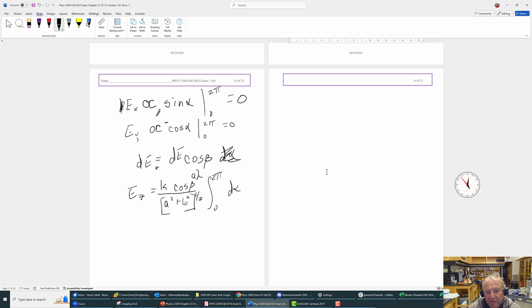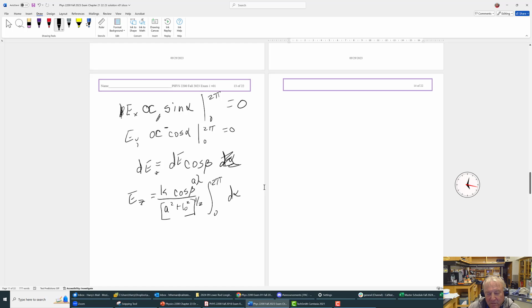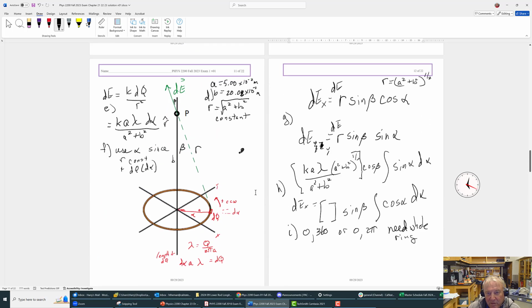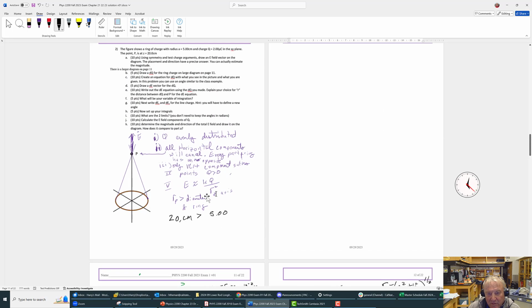So then you see what happens is that the vertical component is actually somewhat smaller. It's somewhat smaller because of the cosine term than if it was simply, so that when we estimated it, we said it was kq over r squared, right?